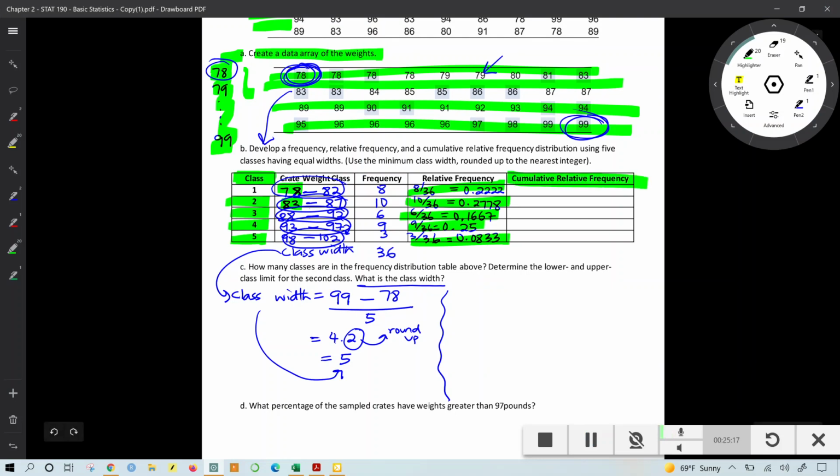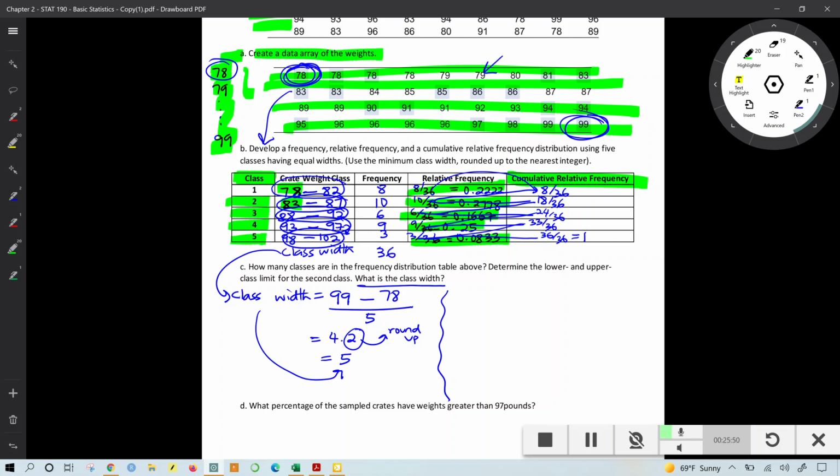We now follow up with the cumulative relative frequency. The first would be exactly equal to the first relative frequency. To get the second, it will be 8 over 36 plus 10 over 36, that is 18 over 36, followed next by 18 plus 6, that will be 24 over 36, 24 plus 9, that will be 33 over 36, and then 33 plus 3, 36 over 36, which is equal to 1.